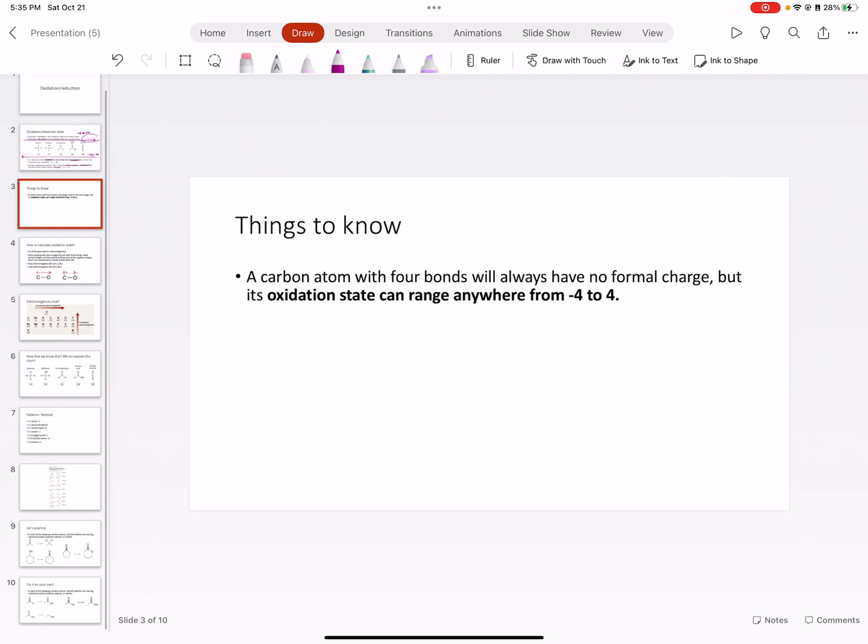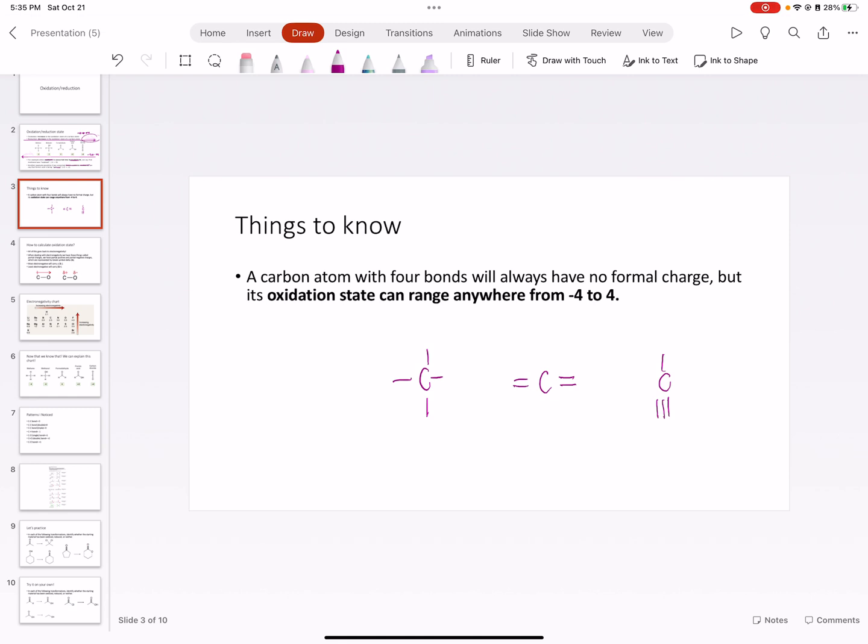So, things to know. A carbon atom with 4 bonds, since it's just a regular carbon atom, has a total of 4 bonds. That means it's in its regular state and doesn't have any lone pairs.